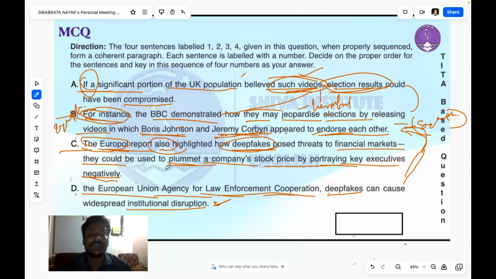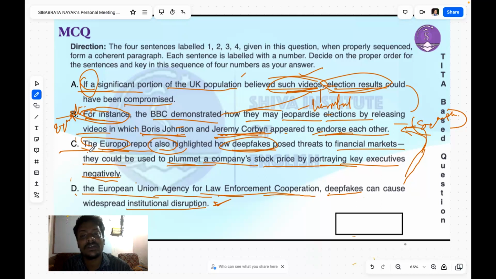According to them, deepfakes can cause widespread institutional disruption. A and B are given as an example of how the BBC demonstrated something that could harm the elections by releasing videos. And A said that if the people believed such a video, the video which the BBC demonstrated, then in that case DBA makes sense here and makes a sequence.